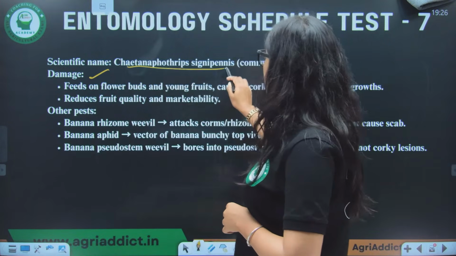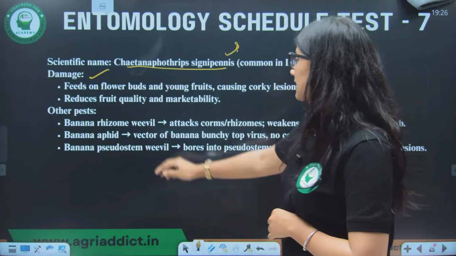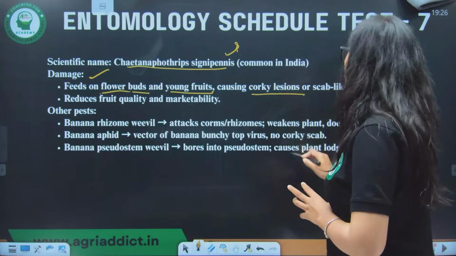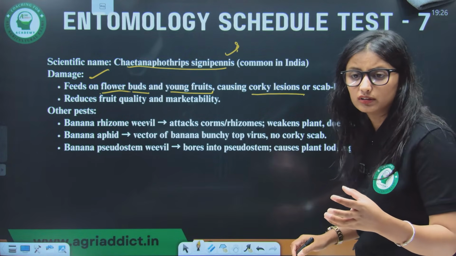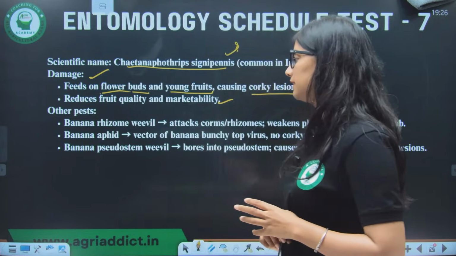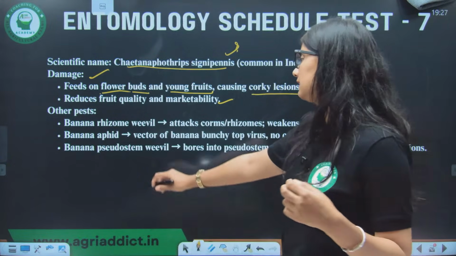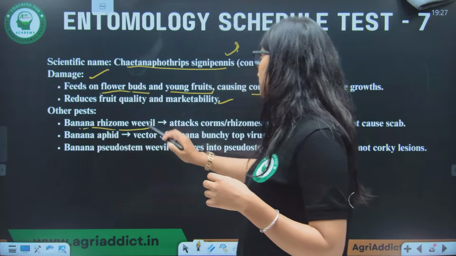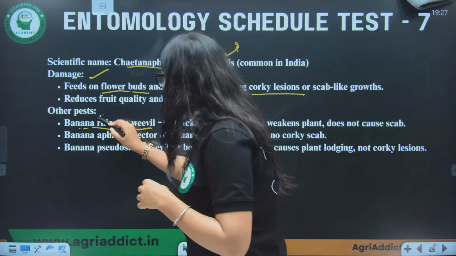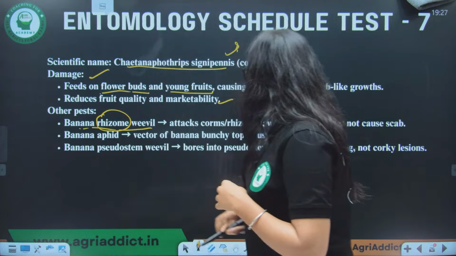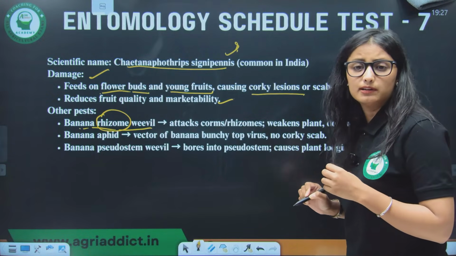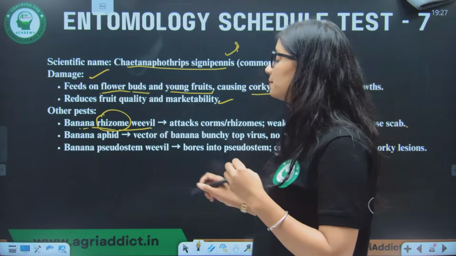So, this is the common name of this, and it feeds on the flower bud and young fruits, causing corky lesions or scab-like growth. Okay, reduces fruit quality and marketability. What about other pests? Like this banana rhizome weevil? As its name suggests, it attacks the rhizomes, weakens the plant and does not cause scab. Okay. What about banana aphid?